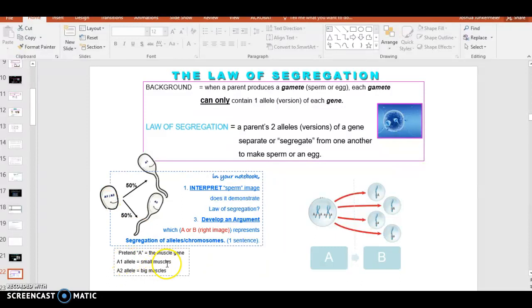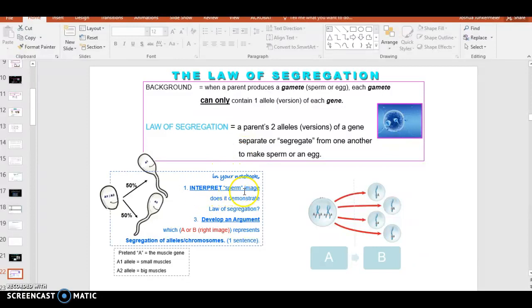The A1 version is small muscles, and the A2 version is big muscles. Now, in the testicle cell, the two versions are together inside that cell: the A1 allele for small muscles and the A2 allele for big muscles. Yet, look at this. When the sperm are produced, the sperm can only contain one of those versions, not both.